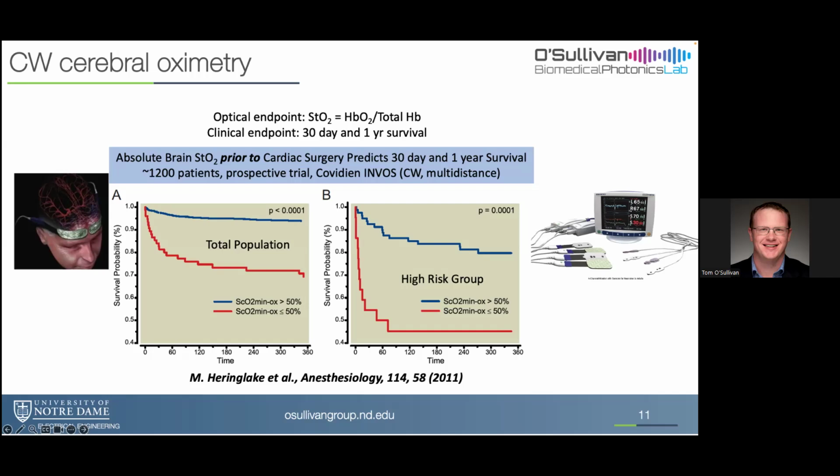You're familiar with these survival curves? It's the fraction of people who have survived after some period of time. Just by looking at pre-operative cerebral oxygenation, you could pretty well predict who's going to be alive a year later, which is pretty incredible when you think about it.